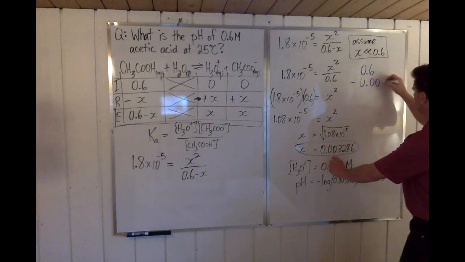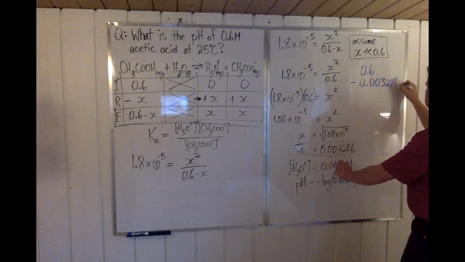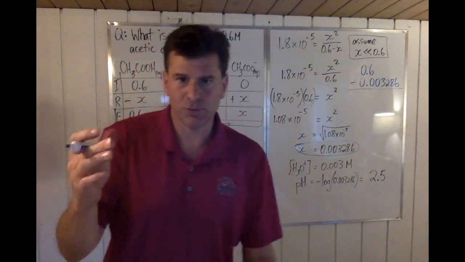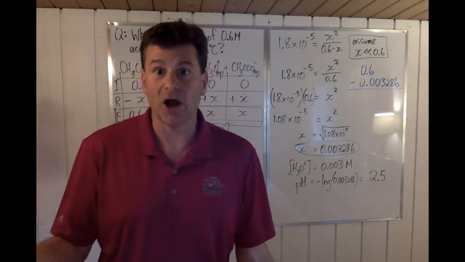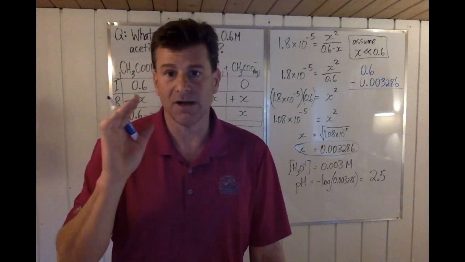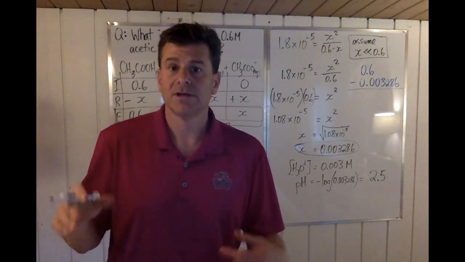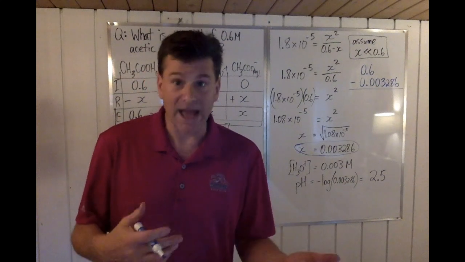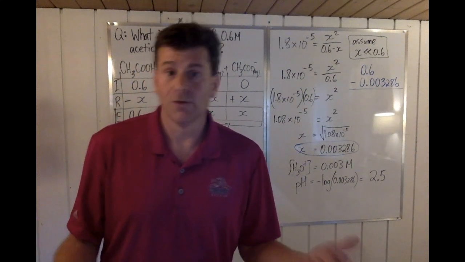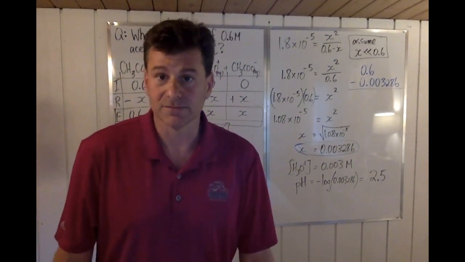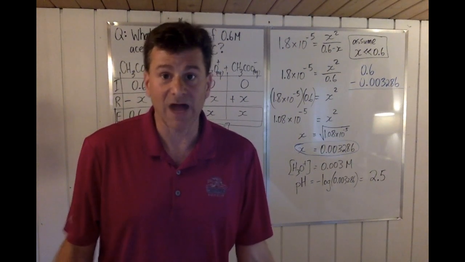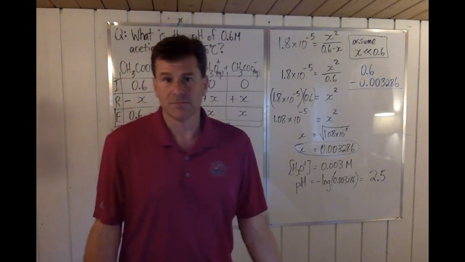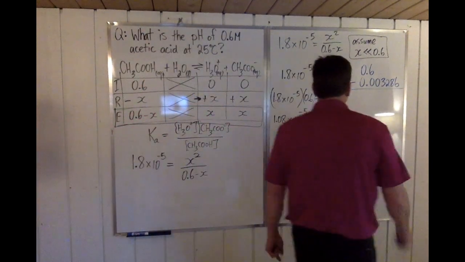So I actually take 0.6, subtract the answer that I got for x, and ask myself, using sig fig rules, did it significantly change the 0.6? Like, did it go down to 0.59? Or, well, it couldn't have, because it's only one sig fig. It would have to go down to 0.5. Did it change it down to 0.5? Yes or no?